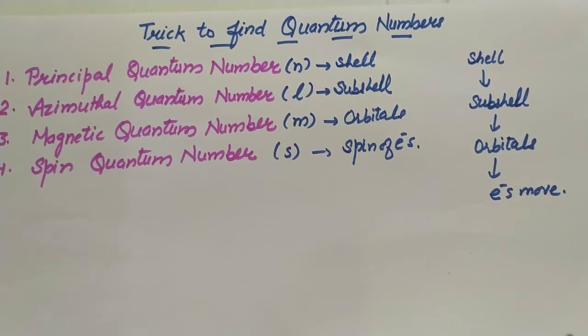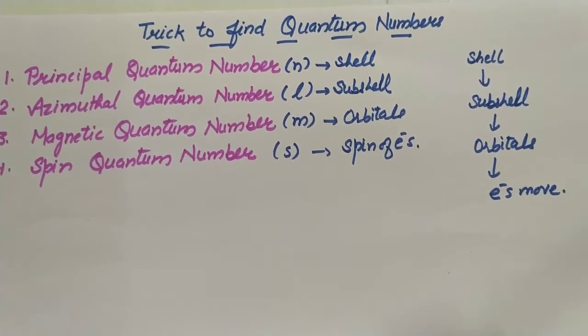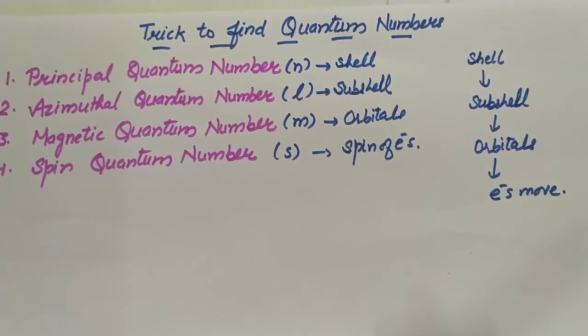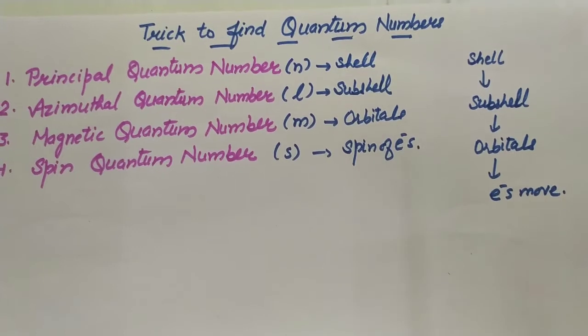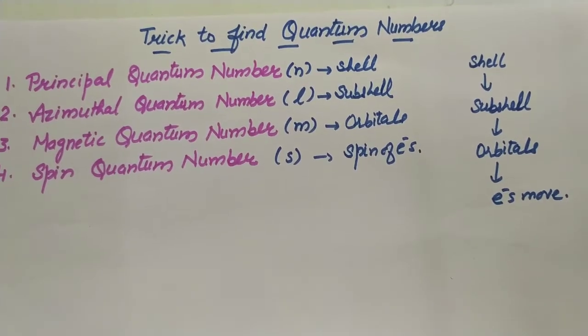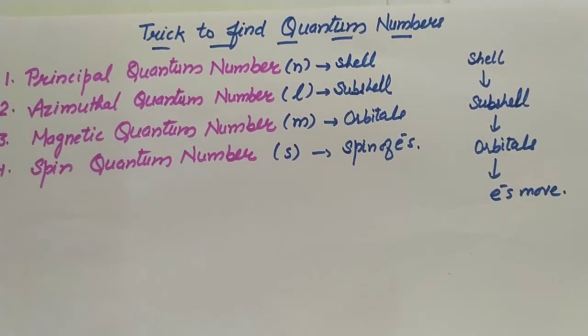And if you want to find the four quantum numbers of any element, firstly I have to write the electronic configuration of this element. Okay, and by writing the electronic configuration we can find out the four quantum numbers easily.